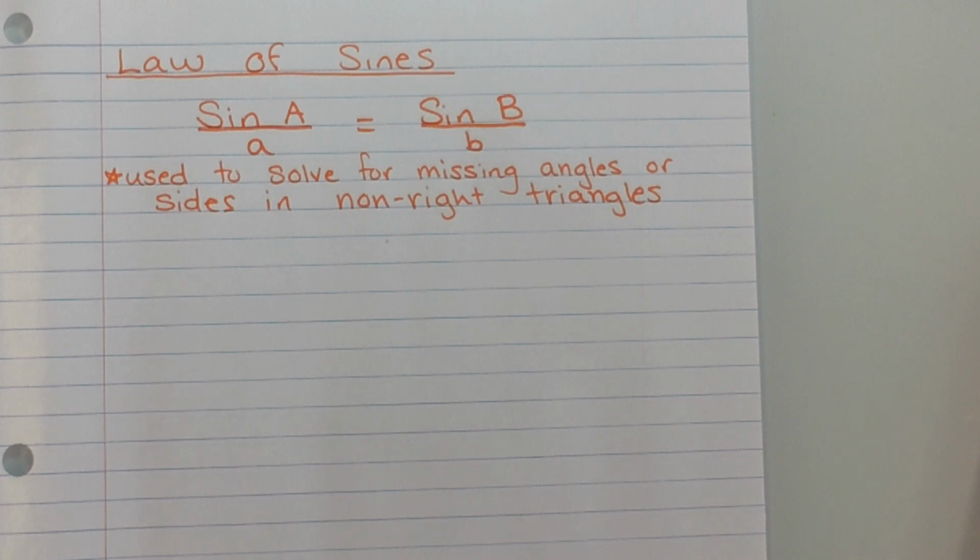Now, to use law of sines, there are 4 unknowns that go in: 2 angles, 2 sides. If you have a single equation, how many things can be unknown? How many variables can you actually solve for if you only have 1 equation? 1.